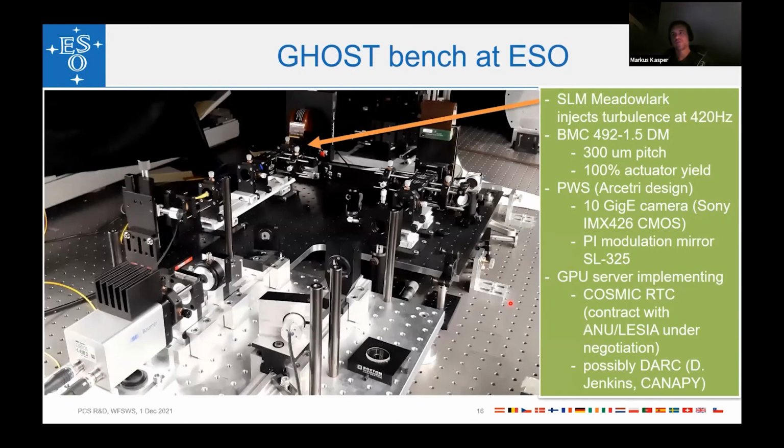Okay, so we are also now moving to a little bit of something else. We are also planning to do lab experiments at ESO. And for that, we have built a test bench. It's called GHOST. It's a GPU-based high-order adaptive optics test bench. And so this bench features a spatial light modulator from MICADO, which can inject turbulence at 420 Hertz.